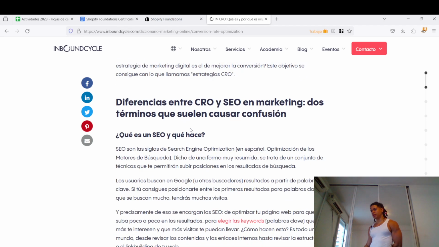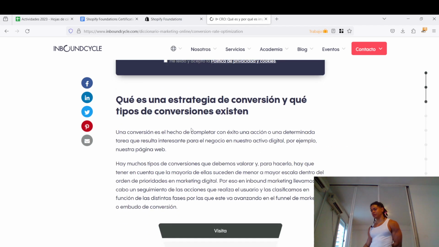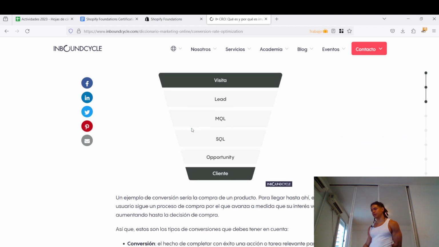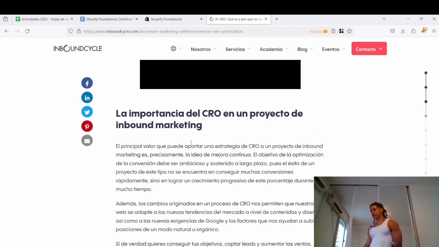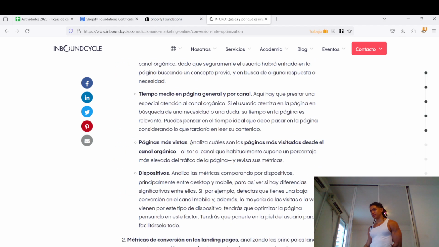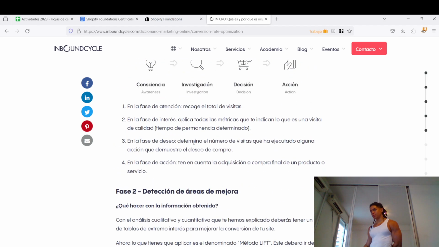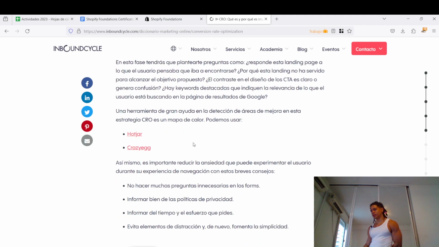Yeah, but the thing here is that you can measure that, right? Lead, material, SQL, opportunity. So you can do this, okay?